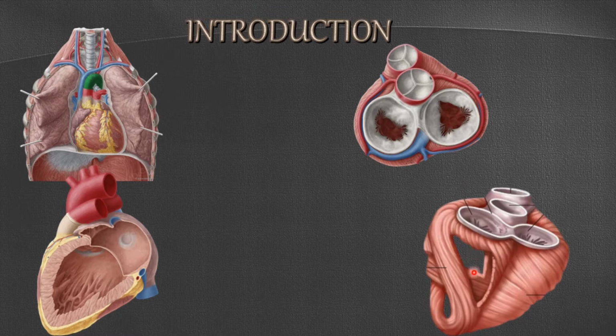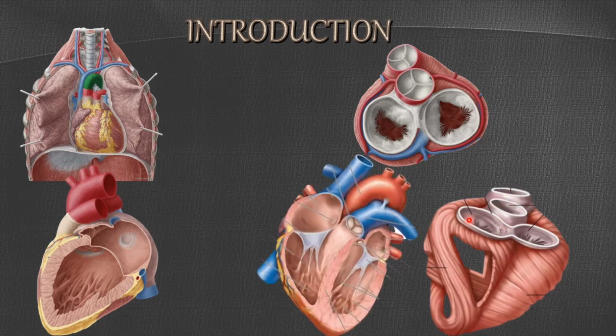This is the right ventricle and this is the left ventricle. These are two atrioventricular valves in between two atria and two ventricles. This is the fibrous ring and below are the leaflets. This is the cardiac skeleton, and this is the pulmonary and aortic valve.